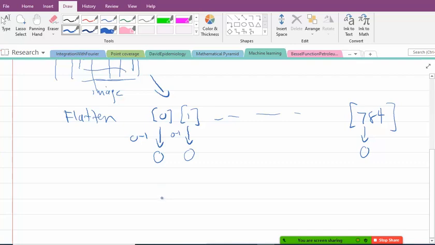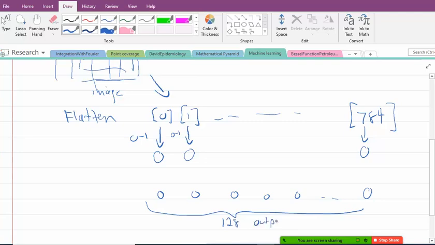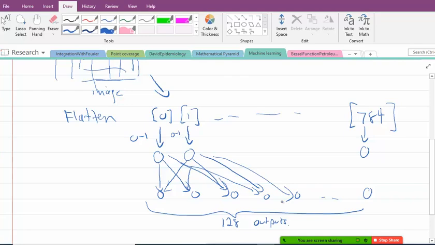So here we're going to have 128 of these. And dense means that every one of these is connected to every one of these. They also call this fully connected.